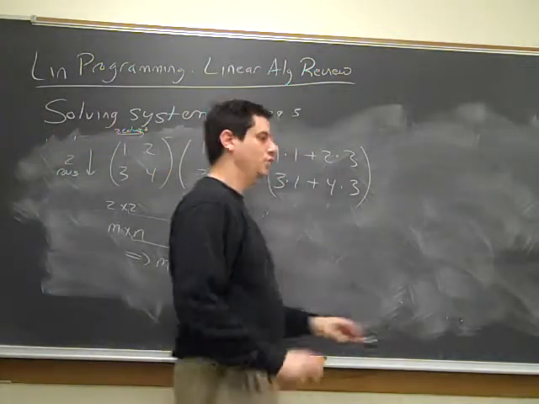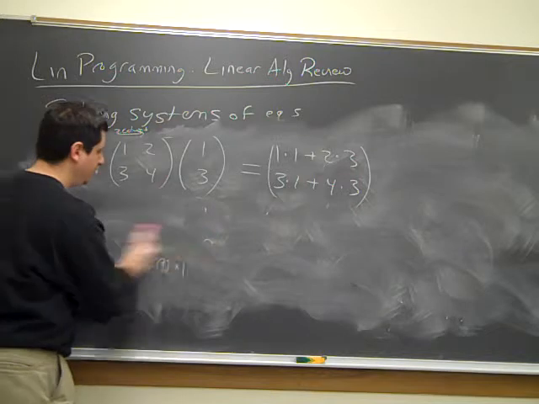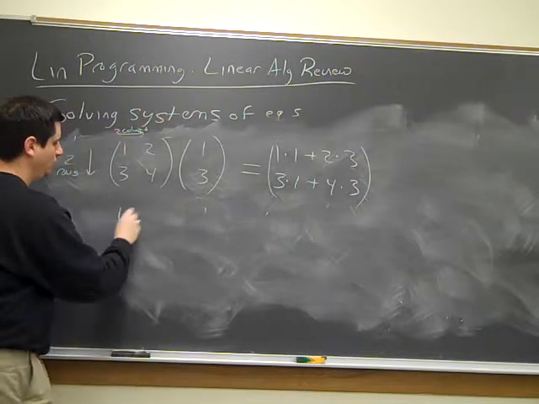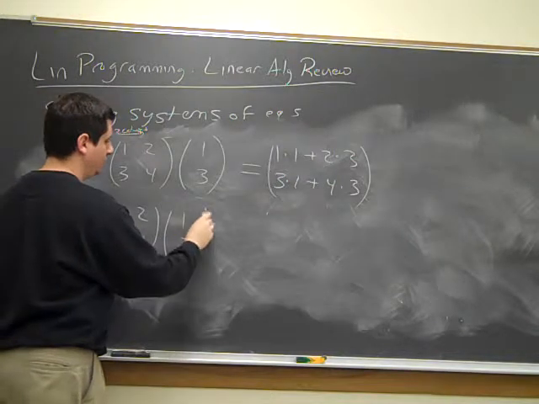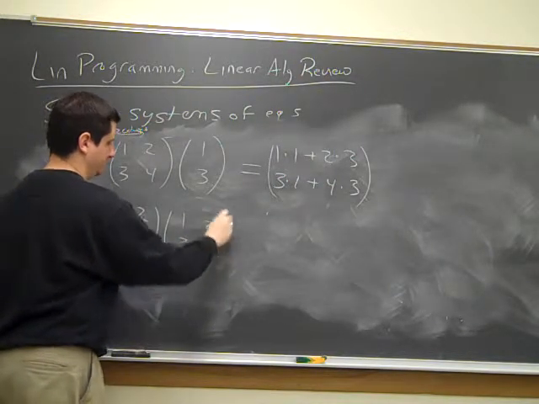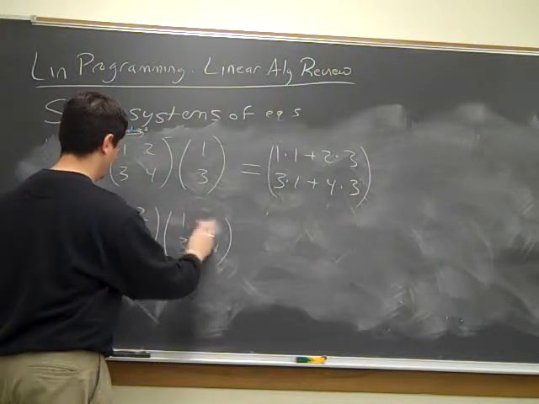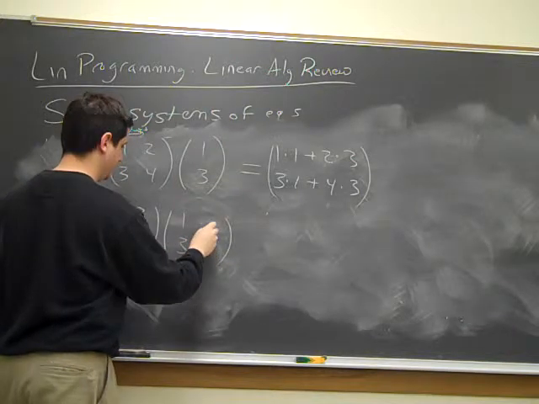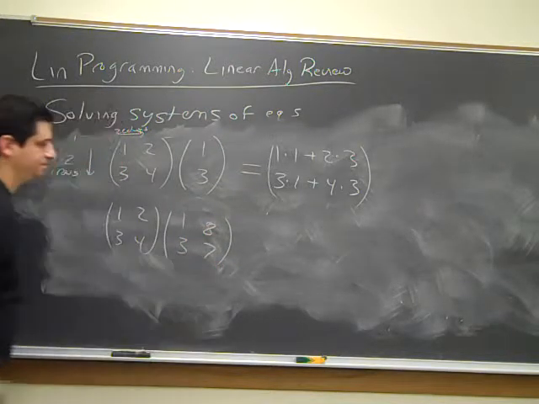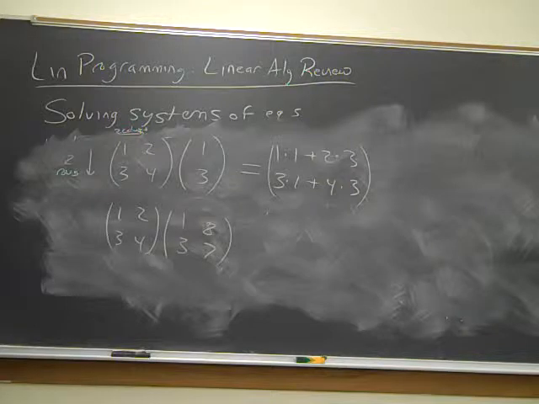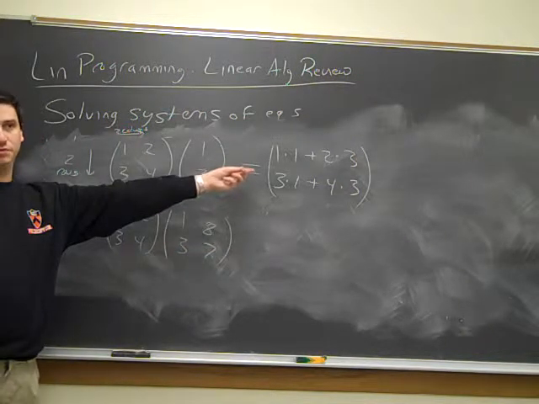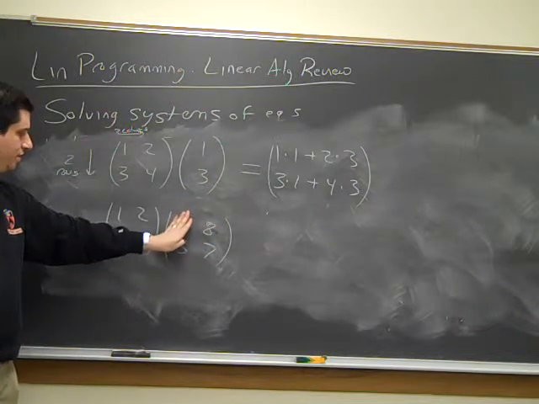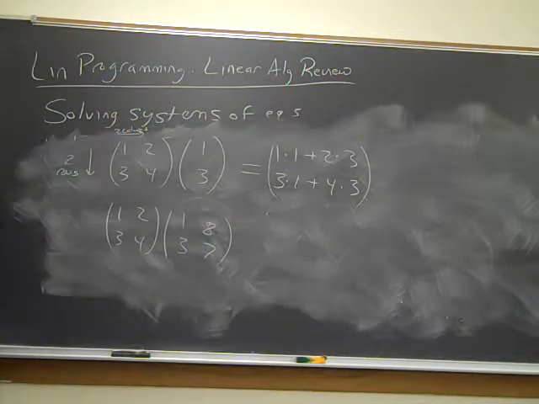Okay? So now, we need to figure out what's a good definition if I give you 1, 2, 3, 4, and give you 1, 3, 2, 4. I want things to be a little bit interesting, so 8, 7. Well, if we didn't have the 8, 7 here, we would just multiply that as before. If we didn't have the 1, 3, we would just multiply it as before.